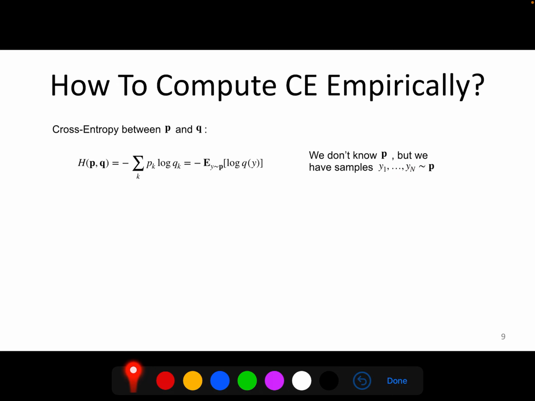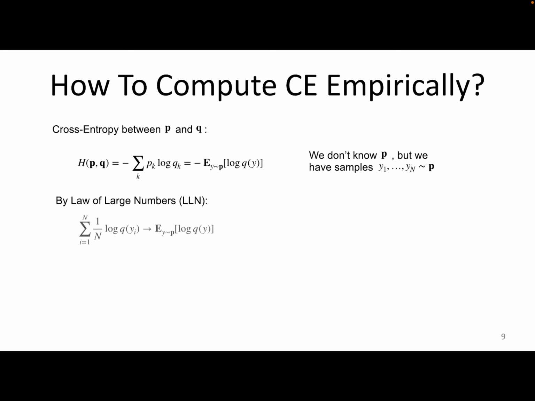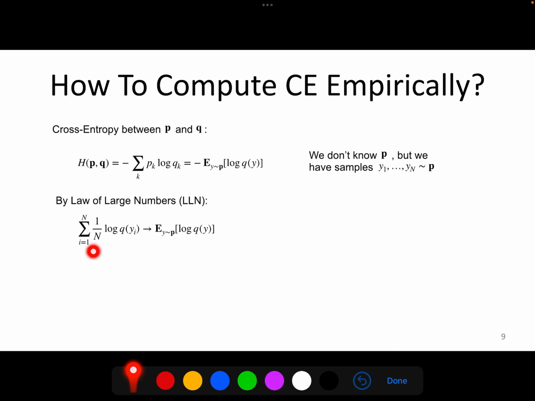These samples follow the true distribution P. By the law of large numbers, this empirical expression converges to the expectation over P. So, we can approximate the cross-entropy between P and Q by this empirical expression.